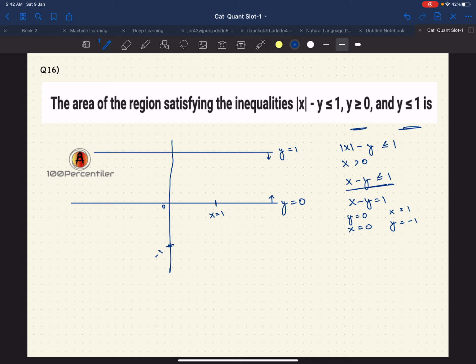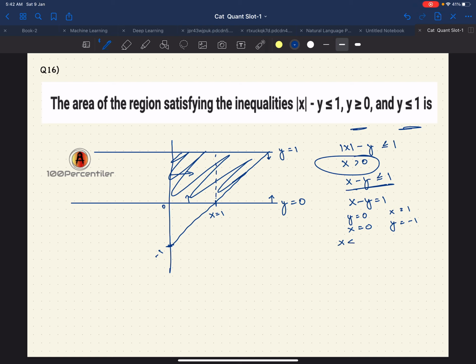So if this is minus 1, this will be the equation here. Now we know the area has to be x greater than 0, so we are looking at all the possible values here, and also y is greater than 0, and therefore this will be the required area here.